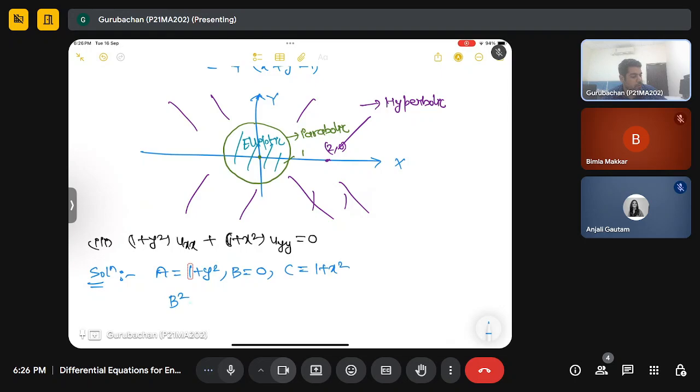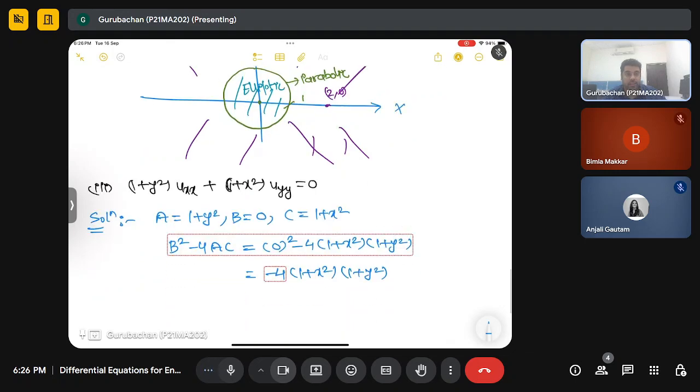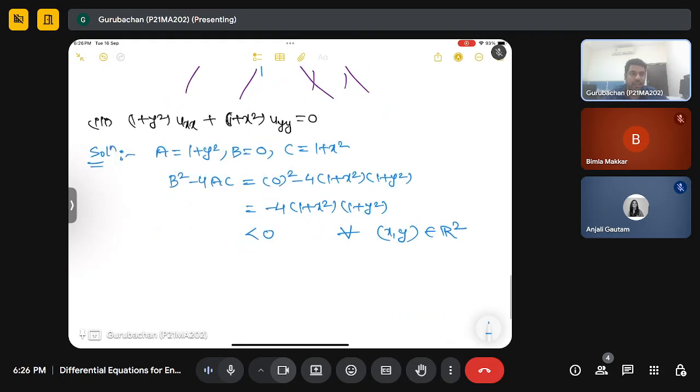If you calculate b square minus 4ac, this will give you 0 square minus 4 times (1 plus x square) into (1 plus y square), which gives minus 4 times (1 plus x square)(1 plus y square). Clearly this value is negative for all x, y in R square. So that means over the whole R square this PDE is going to be elliptic.